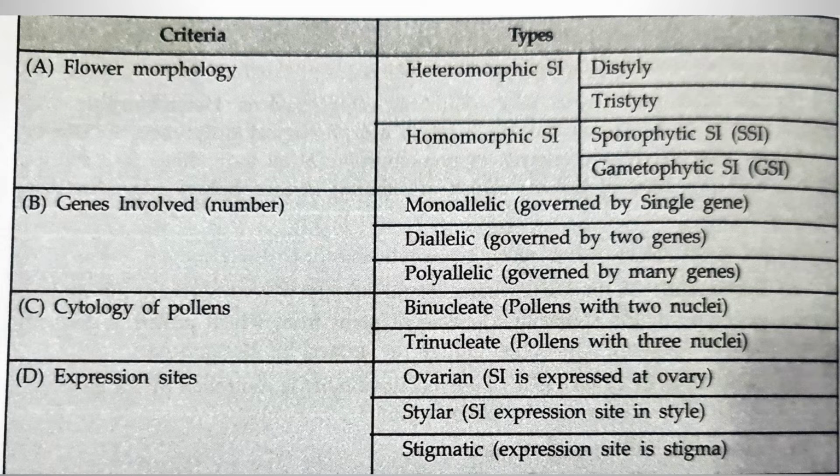So, there are binucleate pollen grains and trinucleate pollen grains, and there are differences in their behavior. Then the site of expression, whether that site is the ovary, or the style which is present just below the stigma, or the stigma itself. So, there are certain factors of this genetic incompatibility because of which self sterility takes place.